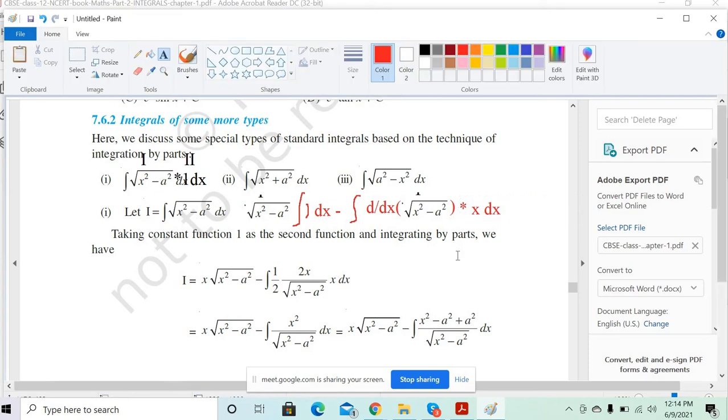That's it, solve it. Now this will become x times the square root of x square minus a square. When you do the integration of this part, this first term will come, isn't it? This term will come, correct?